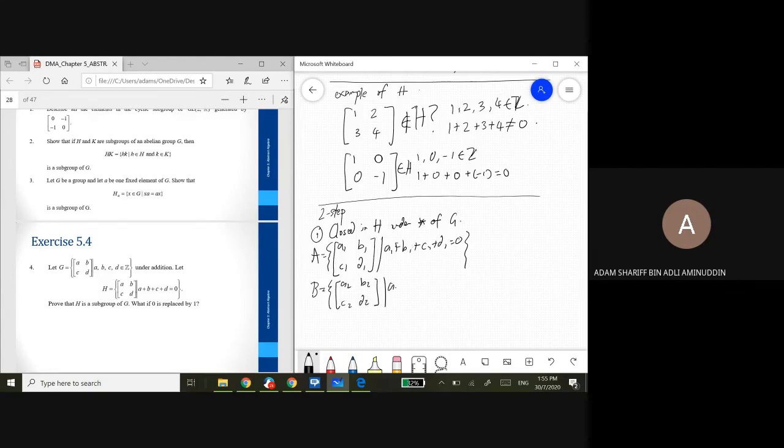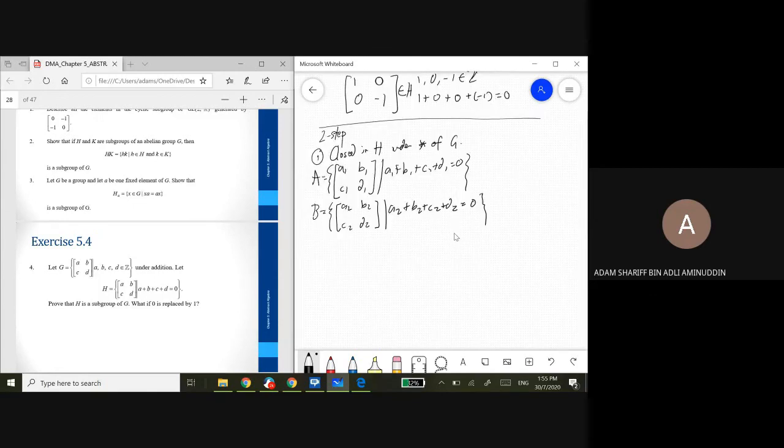The condition is that A2 plus B2 plus C2 plus D2 must be 0. Right now the question is, you add up two elements, A plus B, which will produce some element C. Is this C in H?